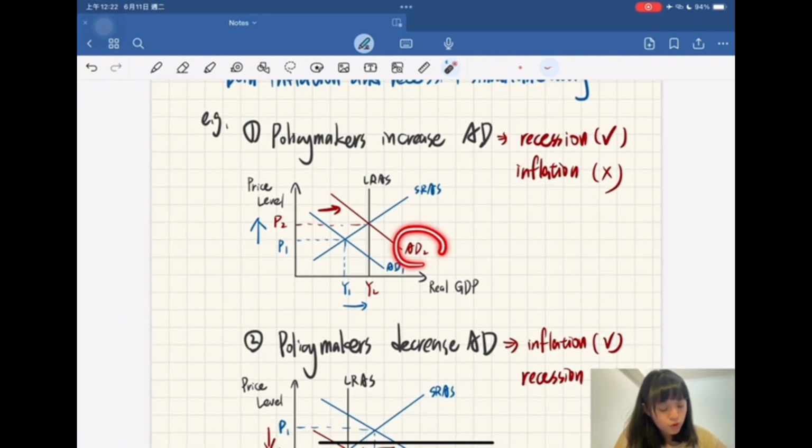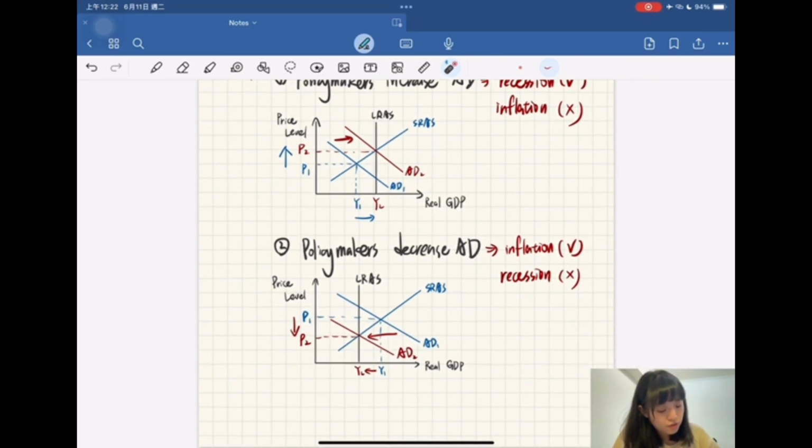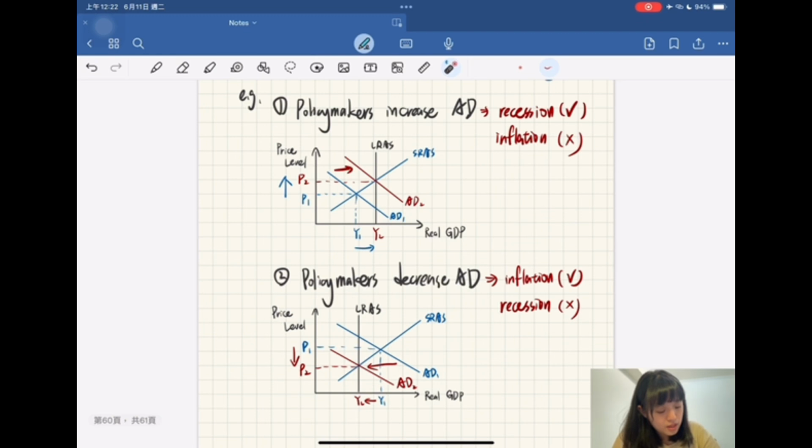For the first one, if the policymaker increases the aggregate demand, it will help solve the recession, but not the inflation. Why is that? Because if we increase the aggregate demand, it will cause the price to rise and increase the real GDP. So it's a good way for solving recession, but not inflation.